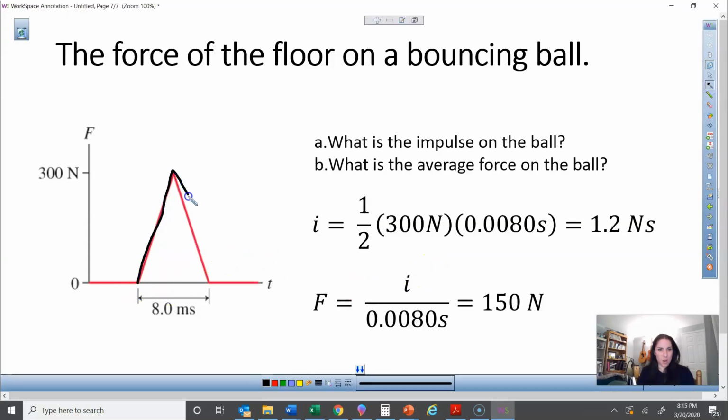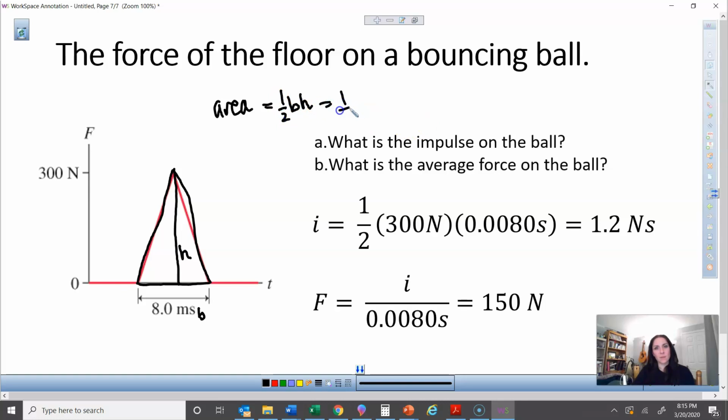Since this makes a triangle, it's the height and the base, and we take the area of a triangle. And then I'm just rewriting this, but the 1/2 base times height comes from the shape.